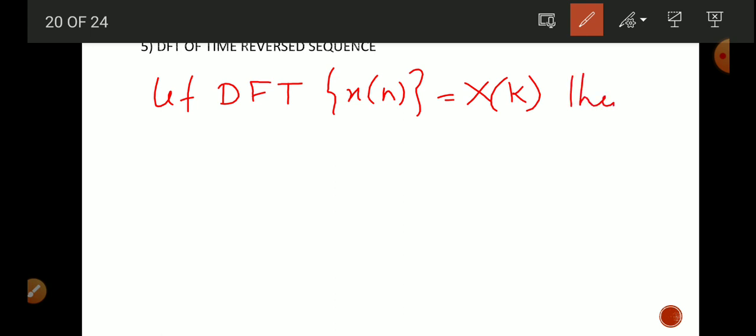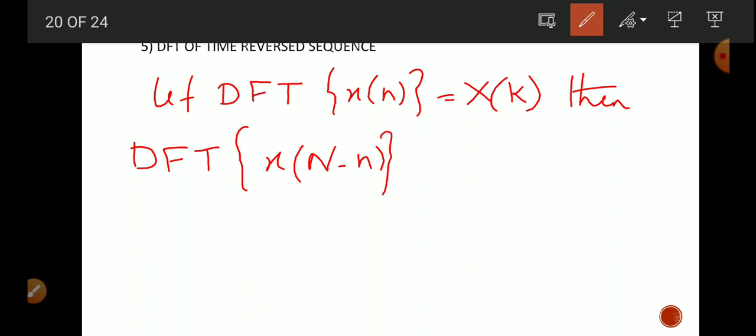Then the DFT of time reversed sequence, we can write the DFT of x of N minus n equal to X of N minus k. Here reversing the N-point sequence in time is equivalent to reversing the DFT values. This is the property of time reversed sequence in DFT.